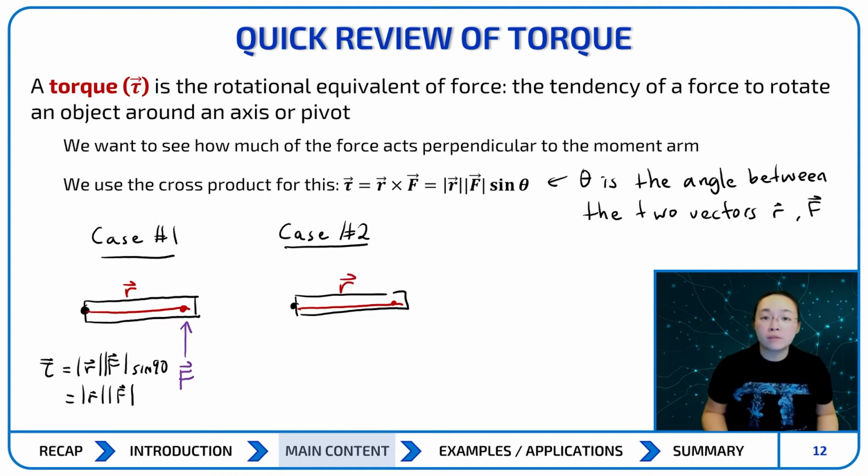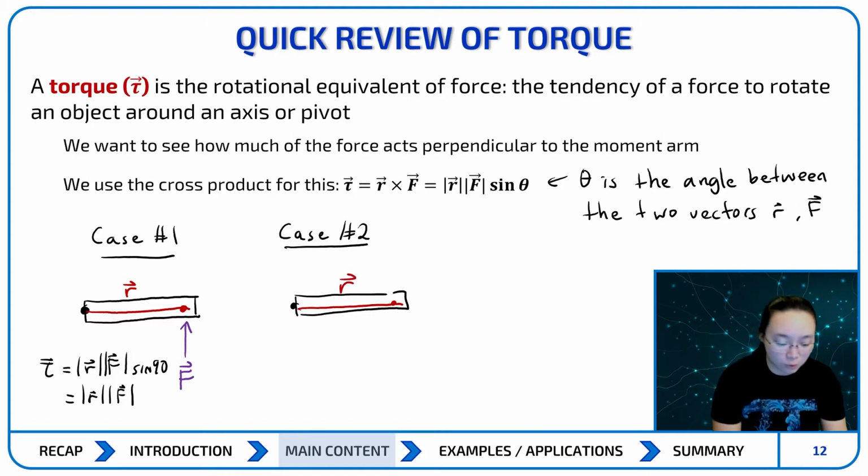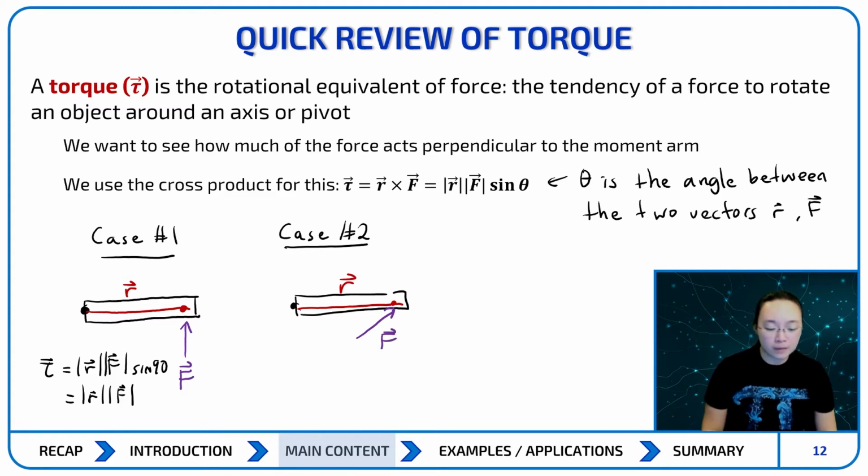But what happens if I don't apply my force directly at the door? Maybe I apply my force a little bit slanted. Let's say I do this. I apply my force like this. Now, that means there's a theta at play. And that theta must be the angle between the two vectors when both the vectors start at the same location.